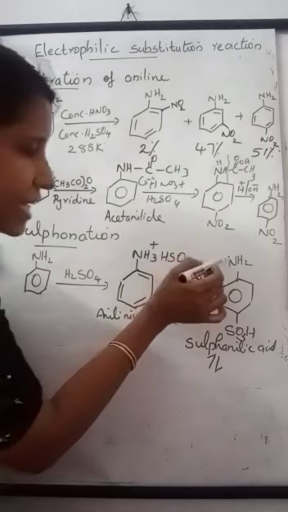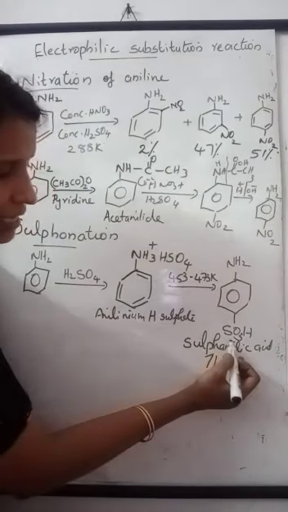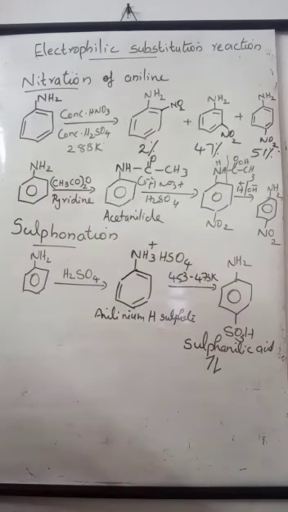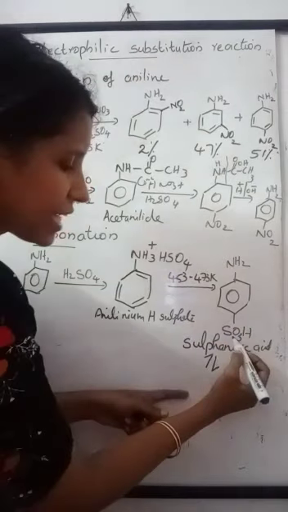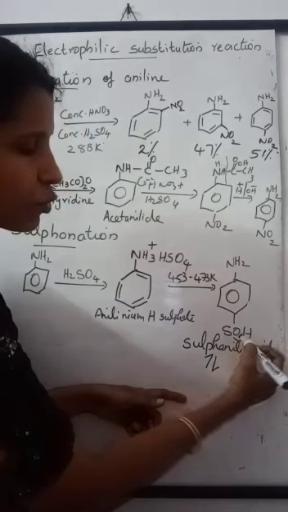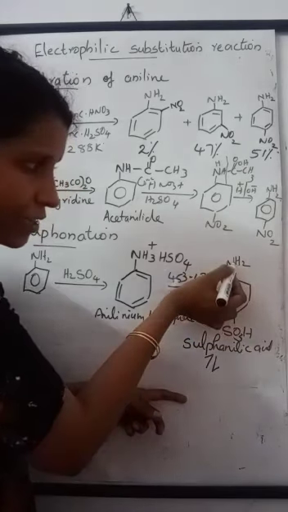Here it contains an amino group on one side and an acidic sulfonic acid group on the other side. So here, in the SO3H group, this hydrogen is removed as a proton, and this H+ would be added to the NH2 group.